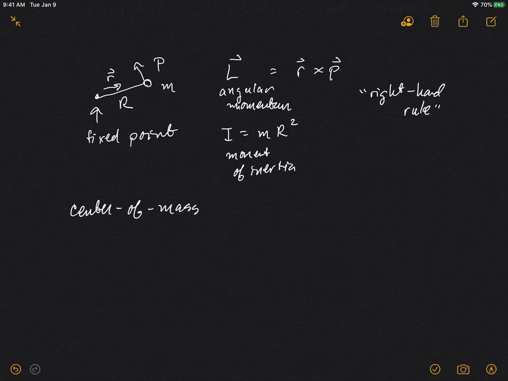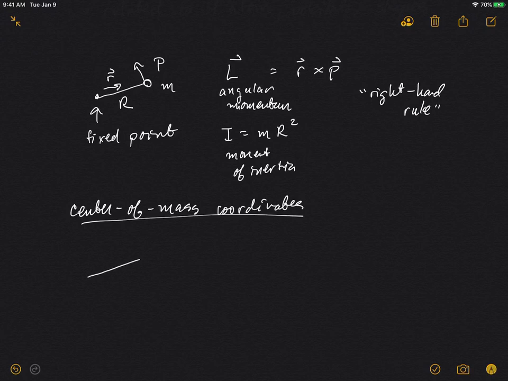So, changing to the center of mass frame. If we have two masses, M1 and M2, and you have rotational motion about the center of mass, we're not going to worry necessarily where exactly the center of mass is right now.